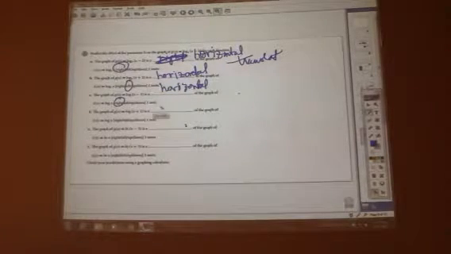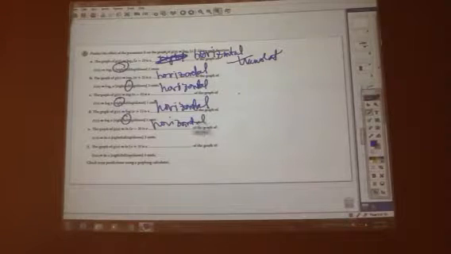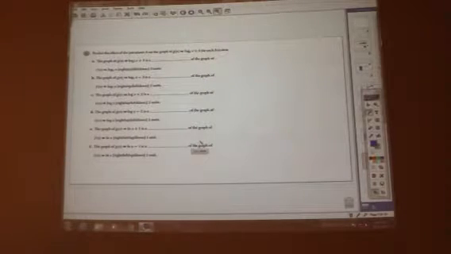Letter D, I know it's horizontal, and I know it moves left. E, it's horizontal, and it moves right. And F is horizontal, and it moves left. So everything that happens to the x inside the parentheses moves right or left. It doesn't matter if it's log base 2, log base 10, or natural log. It moves horizontal and it goes right or left. Same thing we've been doing.